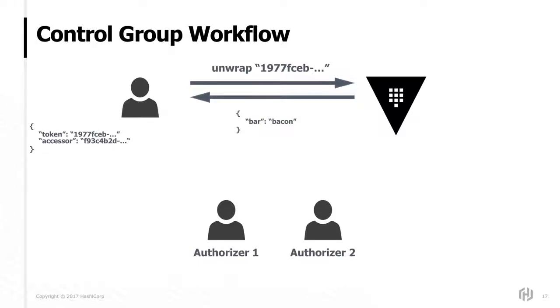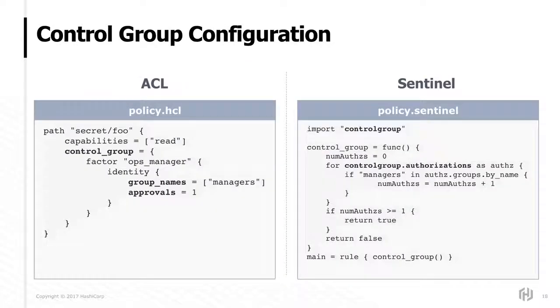And so once the request has been authorized by the various parties, the initial user can now take that token that was given back and tell Vault, okay, now I want to unwrap this. And Vault will verify that the request has been authorized, and if so, it will return the response data. So here we can see we get back bar equals speaking.